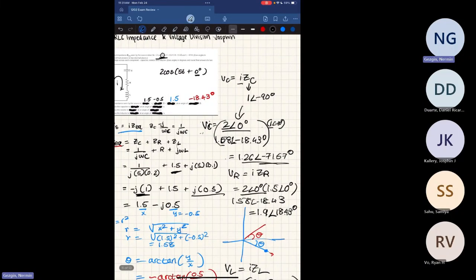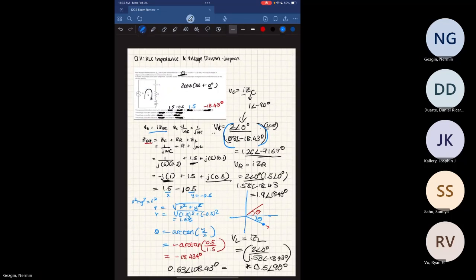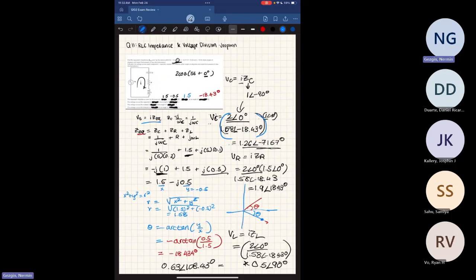You find Z equivalent first, do all the math for that, and that's your expression for I. So for all 3 examples, the capacitor, resistor, and inductor, this was basically I. Does that make sense? All right, thank you.